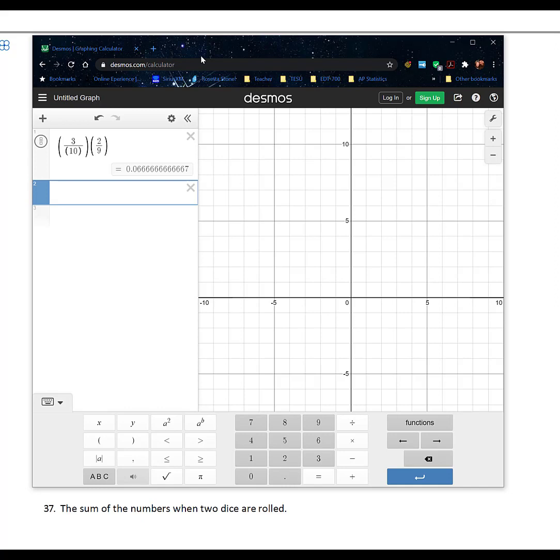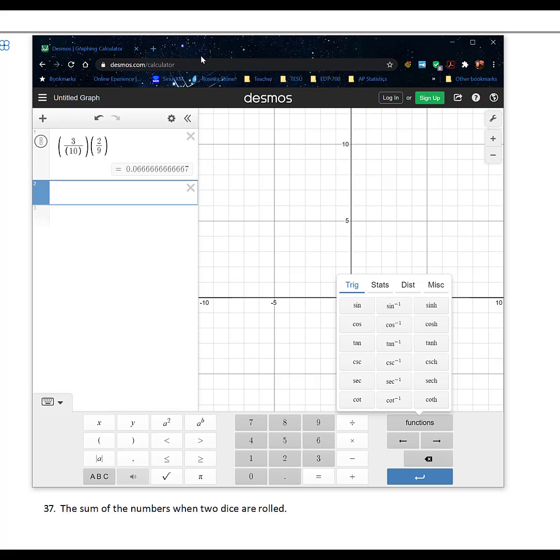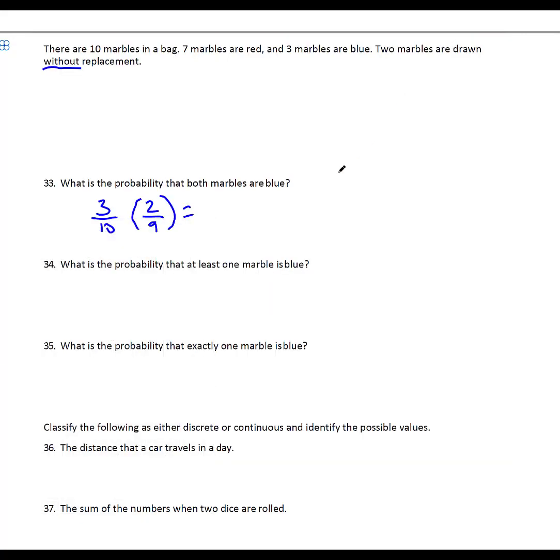Let's put this in a fraction. But you can simply put this number here, 0.067.